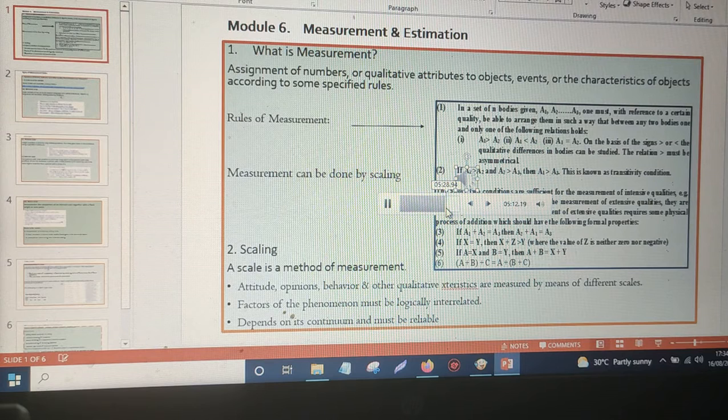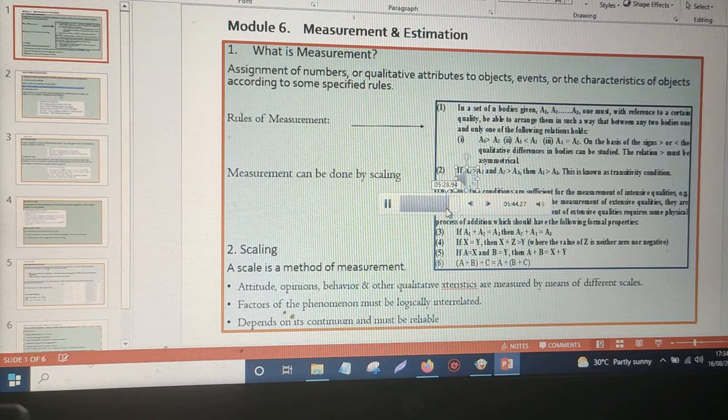Then another instance: if a is equal to x and b is equal to y, then a plus b should be the same as x plus y. This is another cardinal rule that must be followed in your measurement. Then the last one, but not the least: if you have (a plus b) plus c, that should be equal to a plus (b plus c).